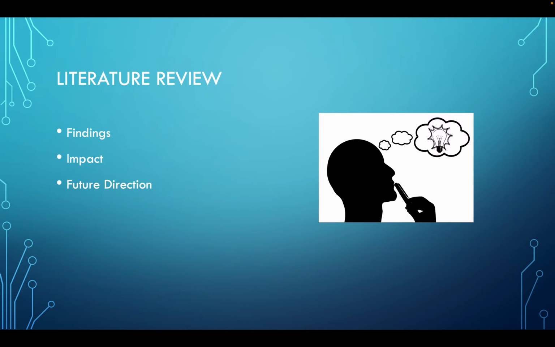In the literature review, we're talking about the key findings and the impact and where I think CBIR can head in the future. Usually, feature extraction for CBIR relies on handcrafted techniques like histograms or texture analysis. However, the recent advancements in deep learning have revolutionized this field. Deep CNNs, or convolutional neural networks, have the remarkable ability to learn visual features directly from image data.